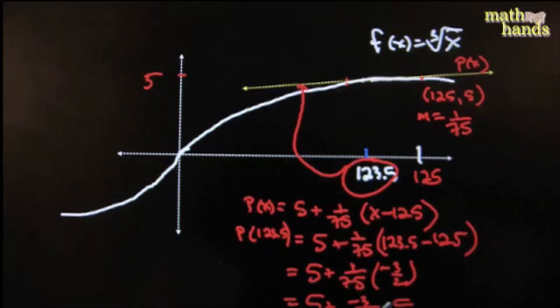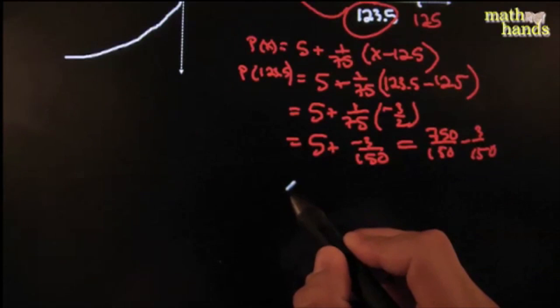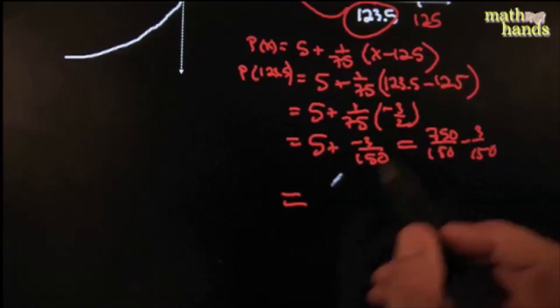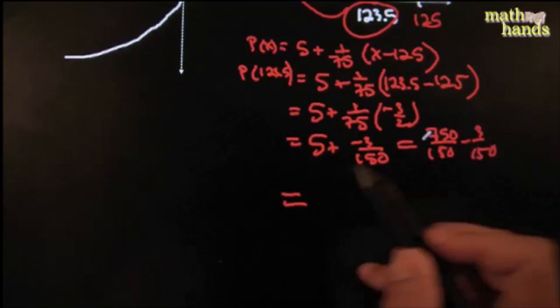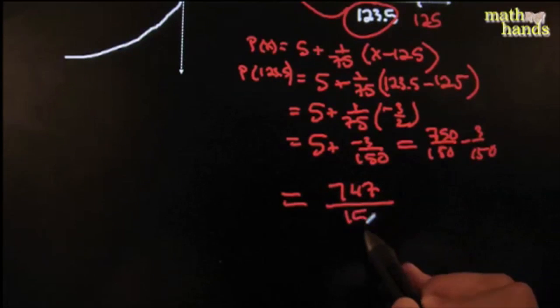That becomes 5 times 150. How much is that? 750 over 150 minus 3/150. Is that right? Are you running out of room again? Let's extend this. You got that? That becomes, let me think. 750 take away 3. 747 all over 150.